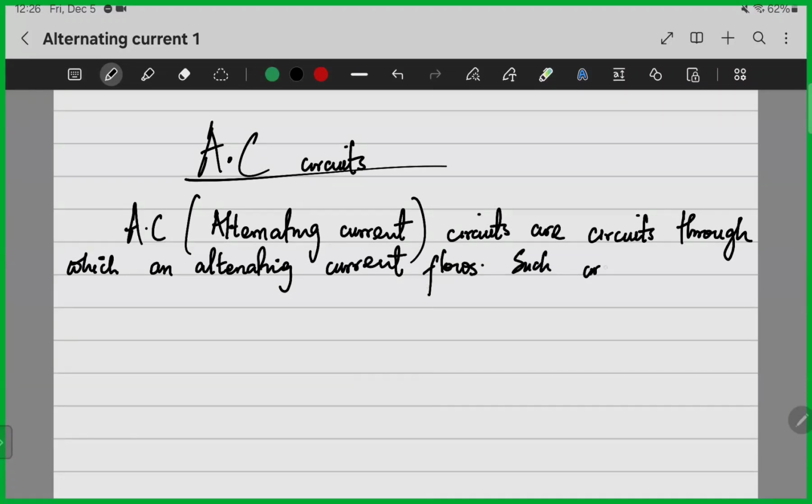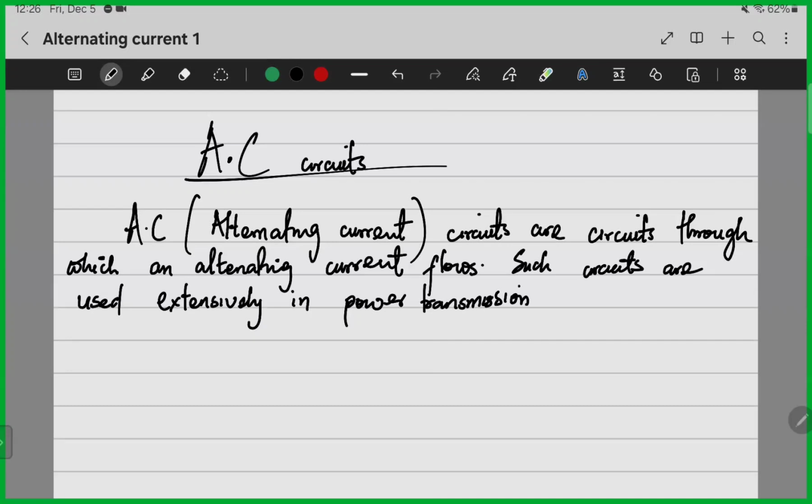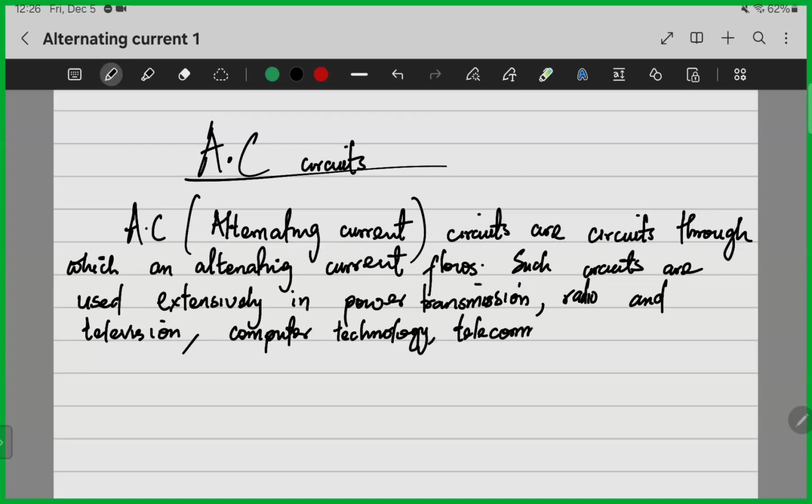Such circuits are used extensively in power transmission, radio and television, computer technology, telecommunication, and in medicine.